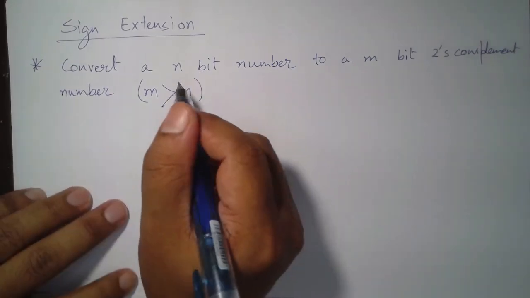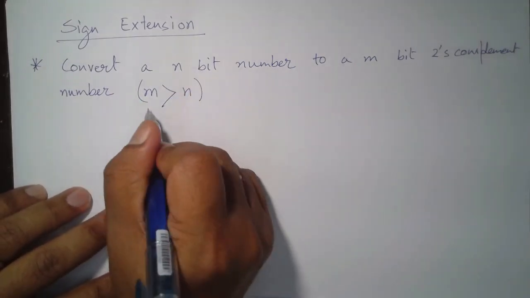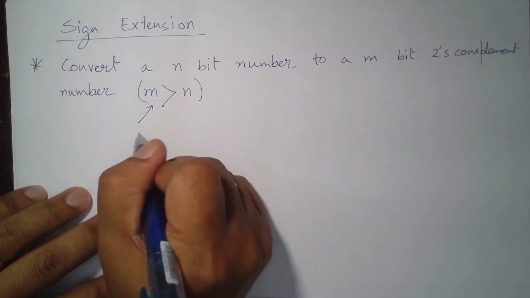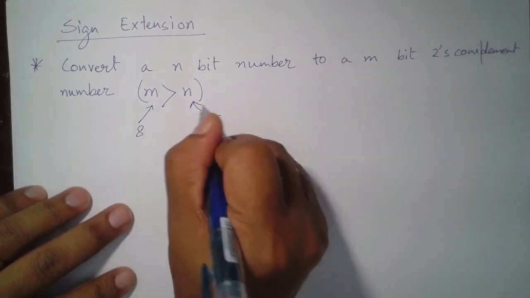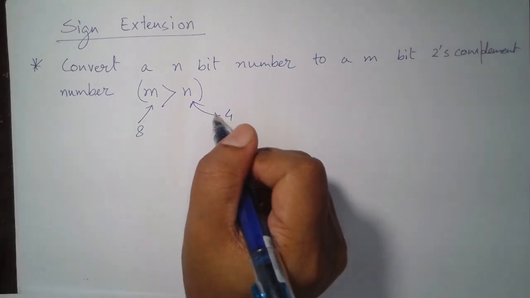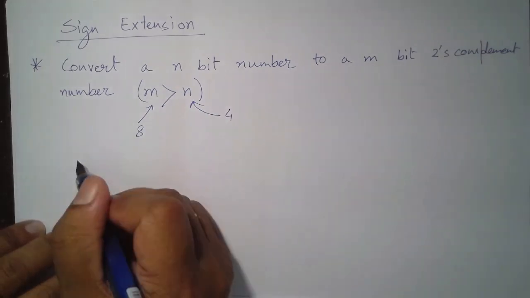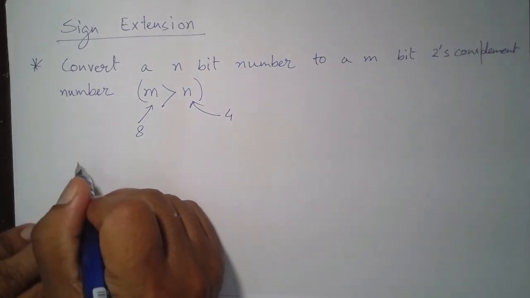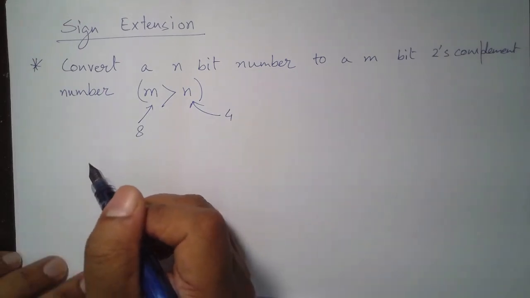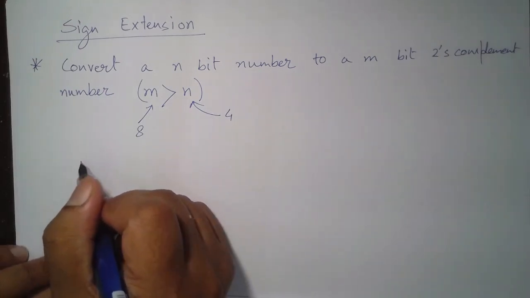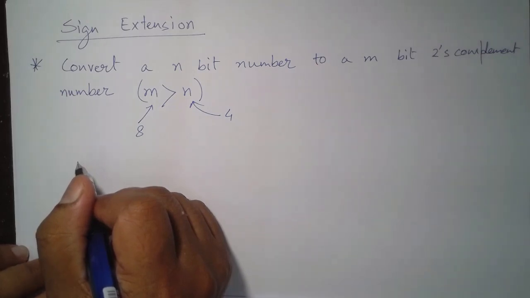So, let us take an example. Let us say m is 8 here and n is 4. So, I have a 4 bit number and I want to represent it in 8 bits in the 2's complement representation.